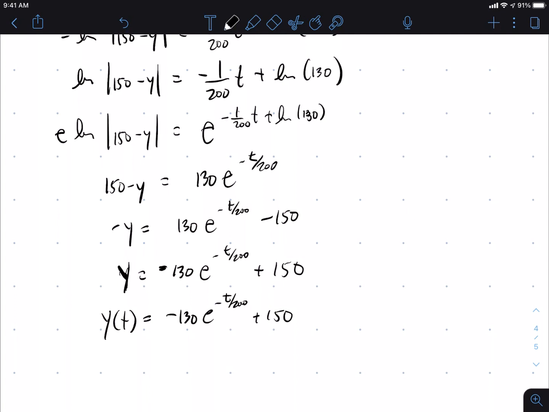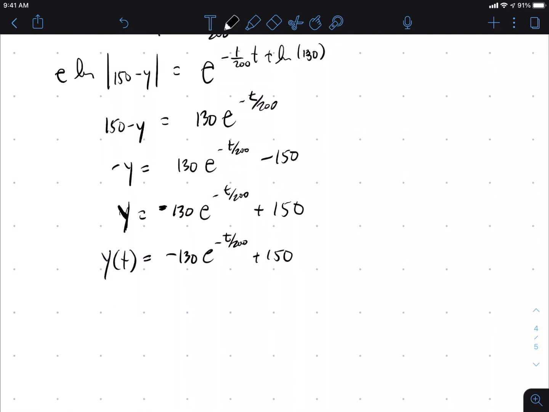Right. That's 150. Okay, now from here then, the problem asked us for a specific time to find out how much salt we were trying to get, right? Right. So now what we need to do is plug in that time to find the specific answer. So that was at 30, right?